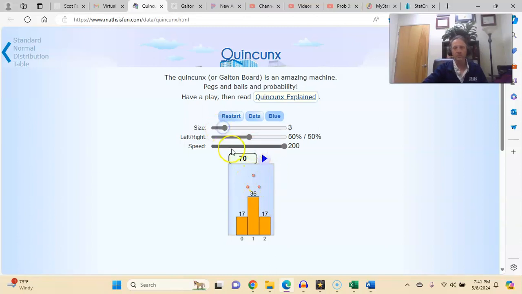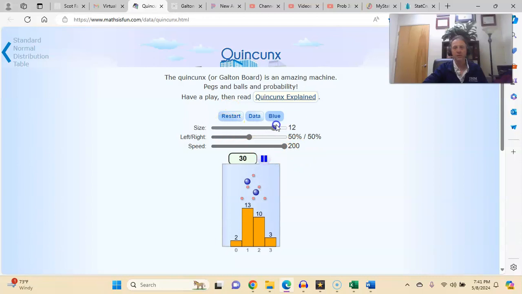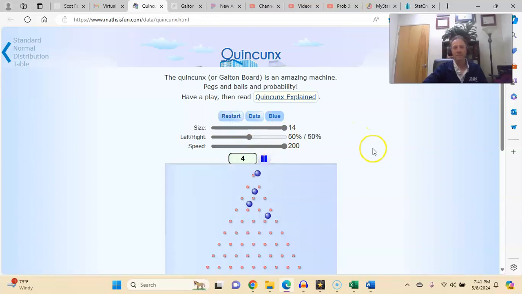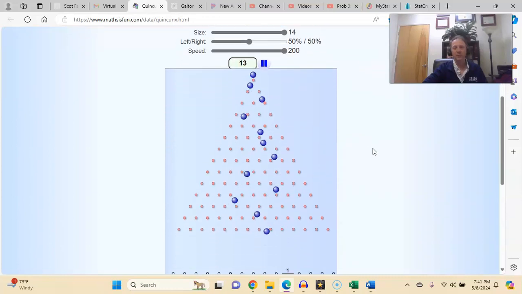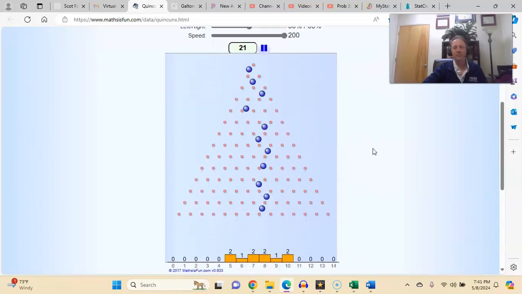And we can increase this experiment as much as we want. We could try flipping 3 coins. Let's see if we can take it up to 15, which was the graph that we got before. Oh, so close. We can go up to 14. All right, so now we're flipping 14 coins. Each one of these balls represents a sample of 14 coins.